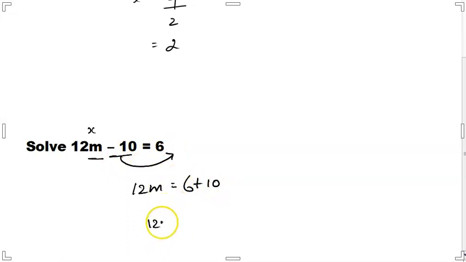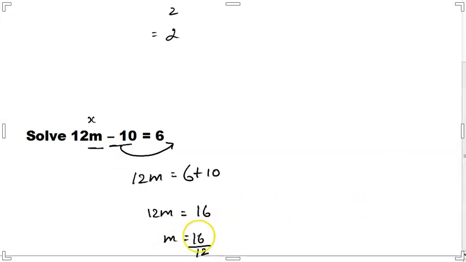So 12m would be equal to 16. So m equal to 16 by 12. Yeah. So on simplifying further, I'm going to divide it by 4. So that would be 4 by 3. So here we have got the value of m as 4 by 3.